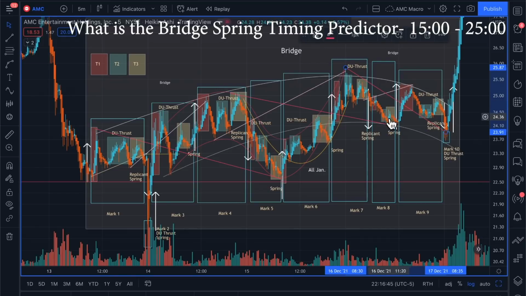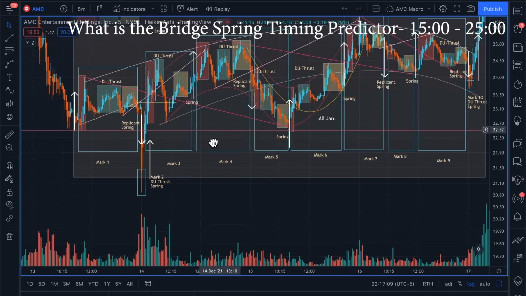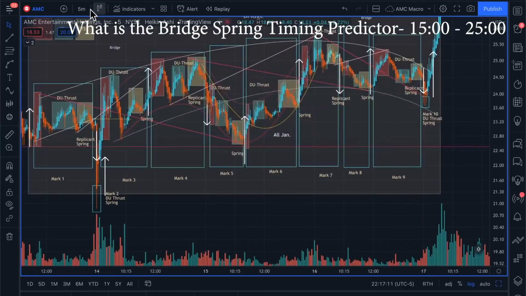You can see that it lands basically on the bottom or the spring. So here it's the lowest point, and here it's not quite the spring, it's a little before it, but it's basically the lowest point. And this one is pretty off, but it's still pretty close. It's not ridiculously far off from the lowest point. I thought, that's a weird phenomenon. Maybe I should test that out on the macro view.